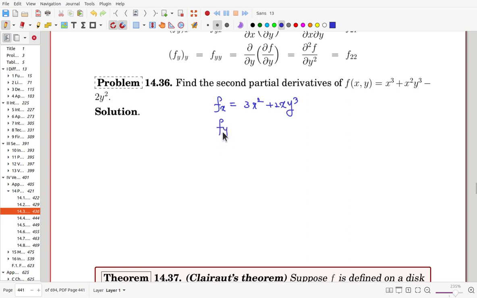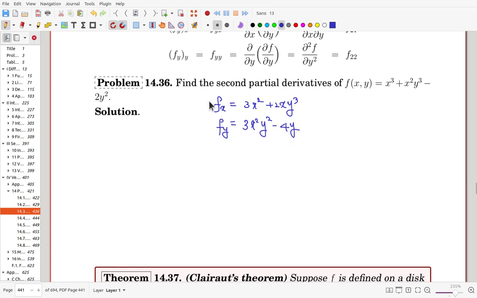Okay, f sub y, the y-directional derivative. This must be 0. That must be 3x squared y squared. x cubed becomes now 3y squared after differentiation. For the last term, that is minus 4y.